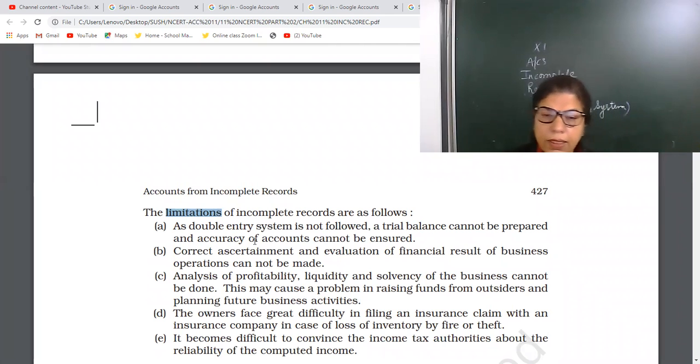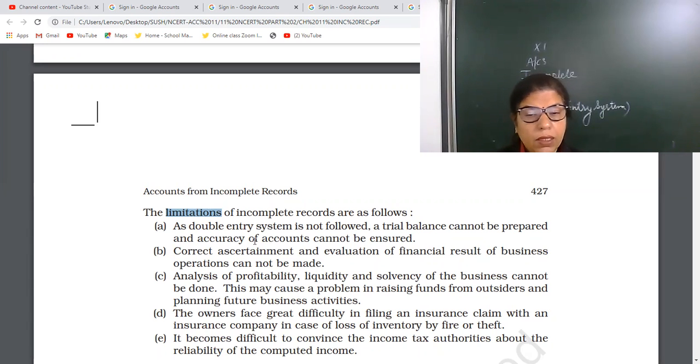Then correct ascertainment and evaluation of financial results of business operations cannot be made. Estimation is there. Okay. Simple way of calculation of profit is there. How much cash is coming, how much cash is going out, the remaining will be the cash balance. But correct ascertainment is not possible. And correct evaluation of financial assets is also not to be made.